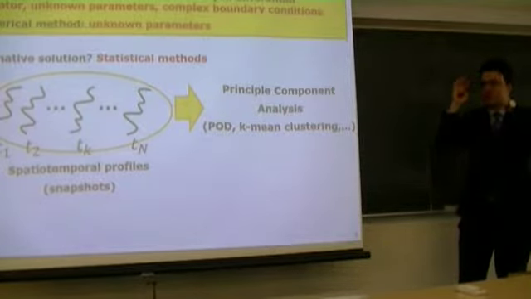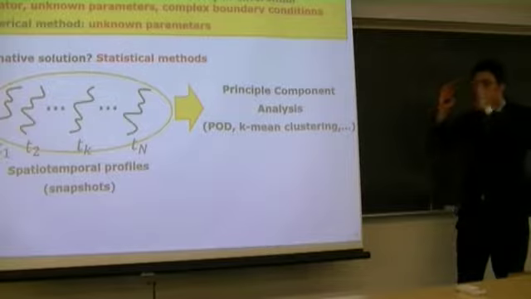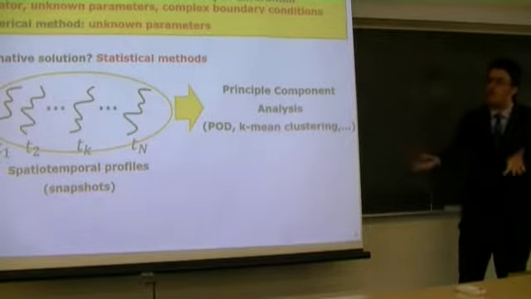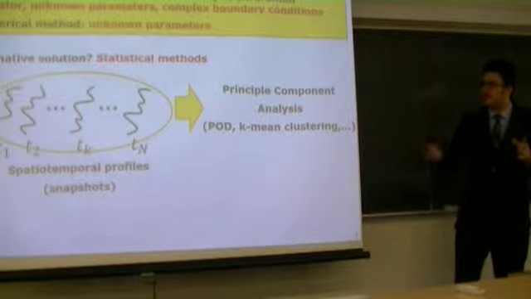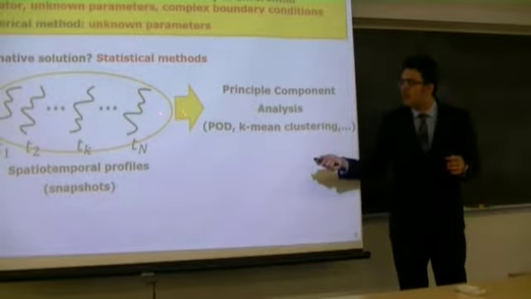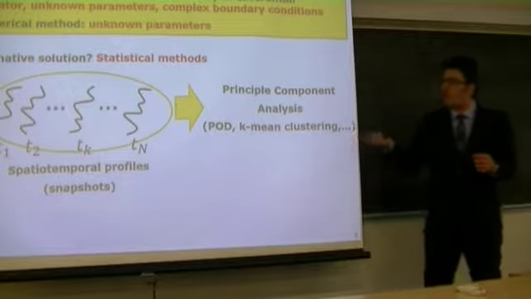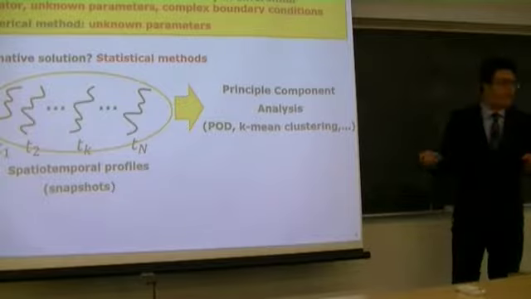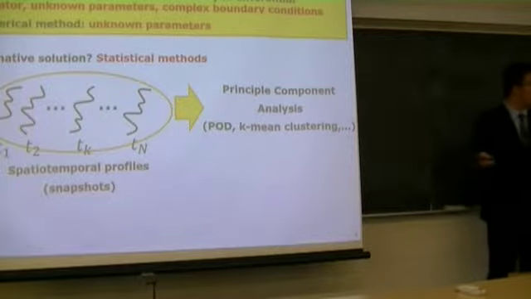You have the spatiotemporal profile of the temperature at time t1, time t2, to time tn. You collect that before the process starts, and by collecting more data, you could get a more accurate set of basis functions by employing principal component analysis methods like proper orthogonal decomposition, K-means clustering, or other machine learning techniques.